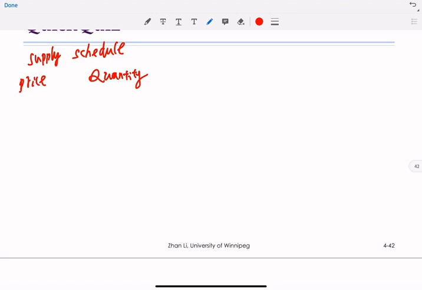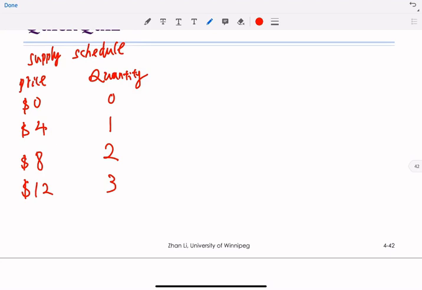Let's say if the 9-inch pizza is $0. As a seller, you won't sell anything, right? Let's say if it's $4, you would be happy to sell one. And then let's say if it's $8, you would be happy to sell two, right? Again, if it's $12, you would be happy to sell 3. So this is your supply schedule.